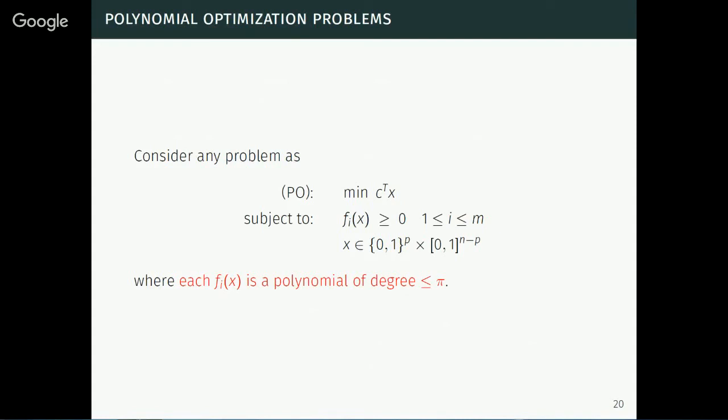And variables belong to some mixed set, okay? Some of them are binary and the other ones are continuous between 0 and 1. And I denote as pi the maximum degree of a polynomial.